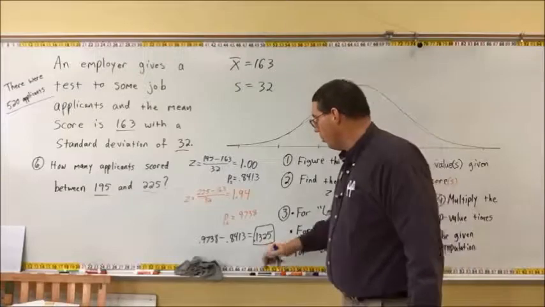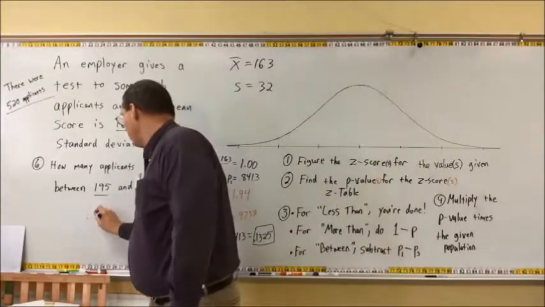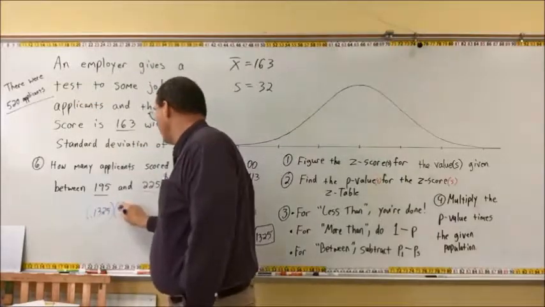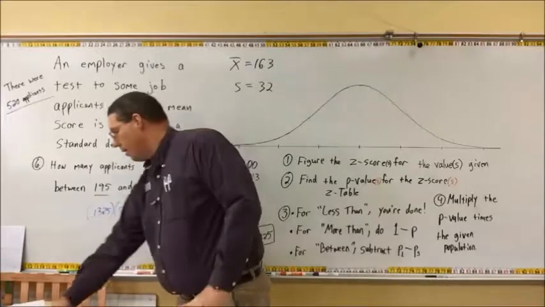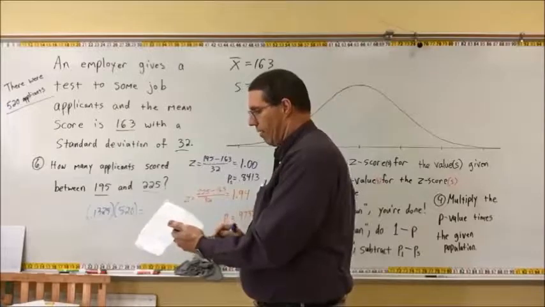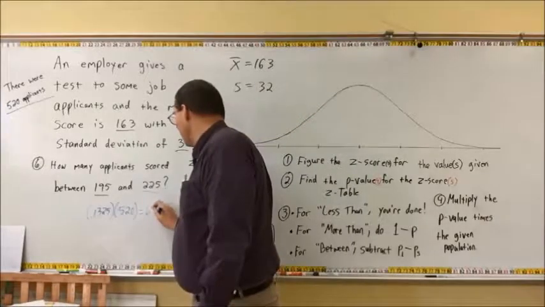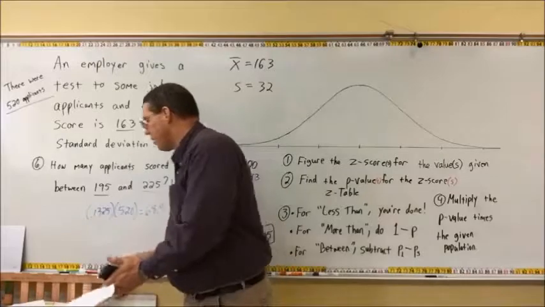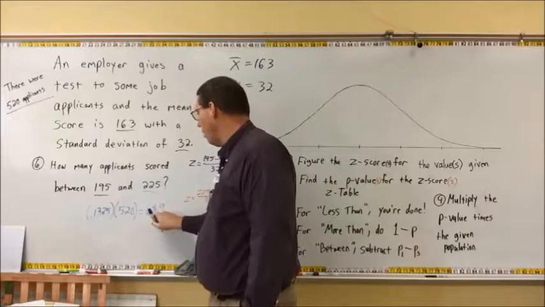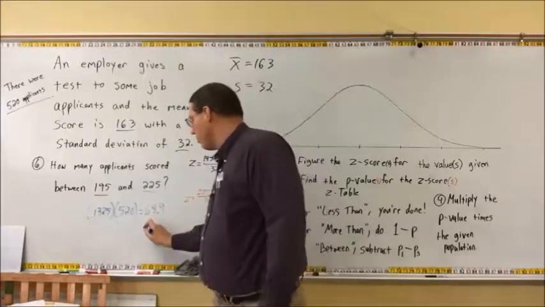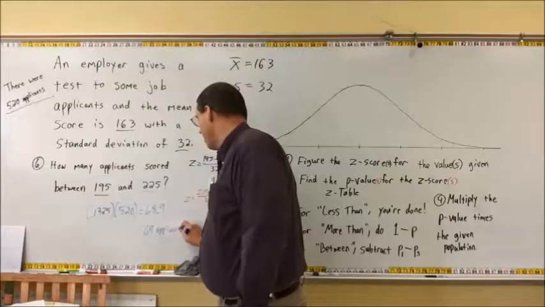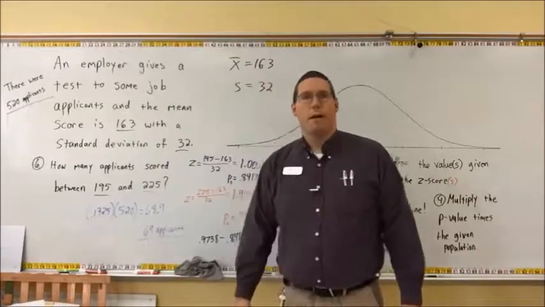We take our 0.1325 and multiply it by the 520 applicants, and that gives us 68.9. We can't say 68.9 applicants, so we round to the nearest whole number. The 9 tells us to go up, so 69 applicants scored between a 195 and a 225.